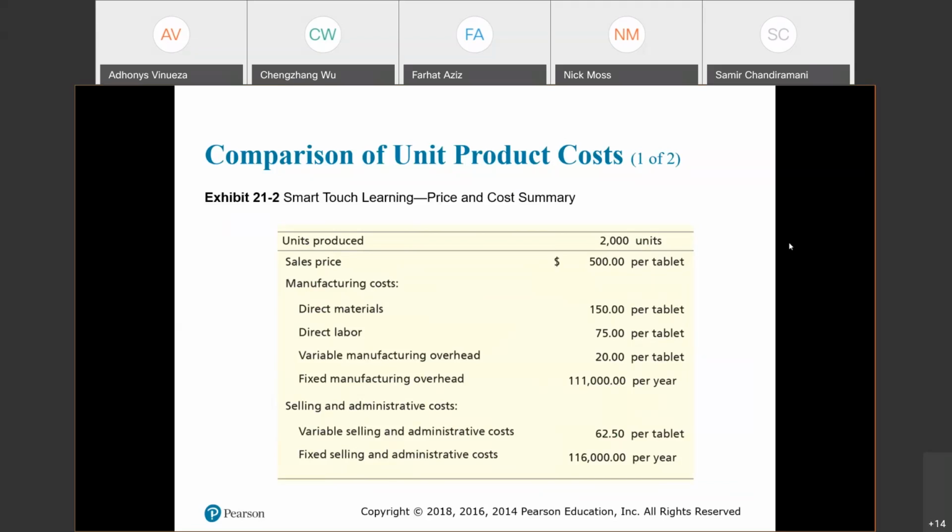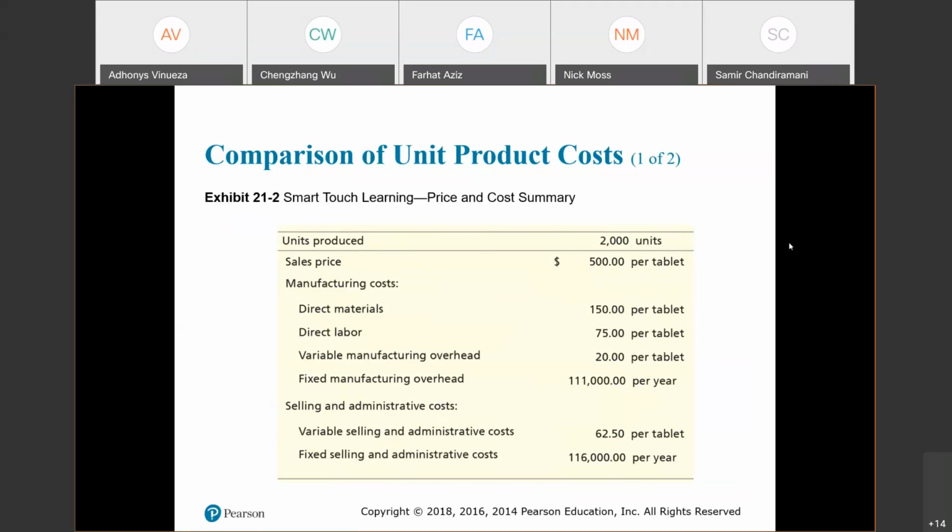The unit product cost using absorption costing will include all manufacturing costs. There are direct materials, which is $150, direct labor, which is $75, variable manufacturing overheads, which is $20 per tablet, plus the fixed manufacturing overheads.